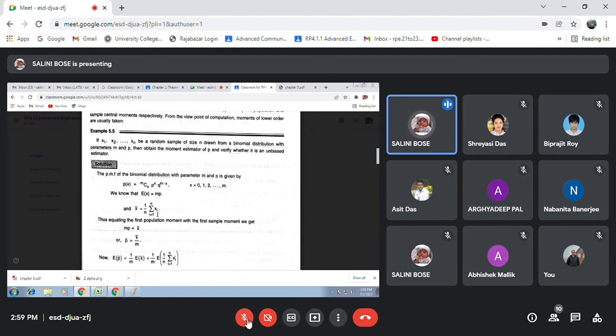So our motto is first we will equate the sample statistics with the population moments. This is the sample moment X bar, and this is the population moment MP.